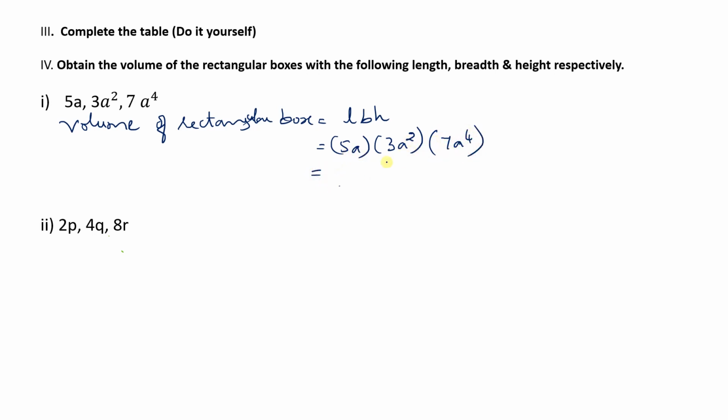Again, this is a product of three monomials. You need to find the product of their coefficients and the algebraic factors. So 5 3s are 15, 15 7s are 105. A to the power 1 plus 2 plus 4, it is 7. So 105 A to the power 7 cubic units.